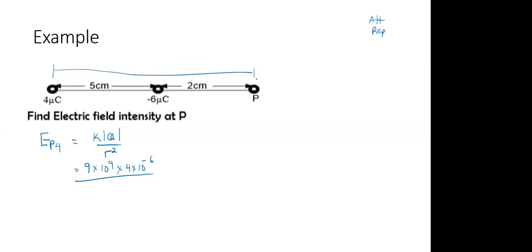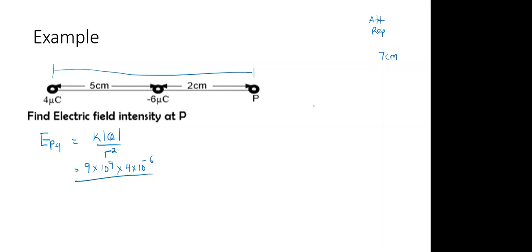So members, which distance do you have from 4 to P? Which distance do you have from 4 to where P is? 7 centimeters. It is 7 centimeters. But what are the units? What are we going to do? Do we write centimeters or do we change to meters?